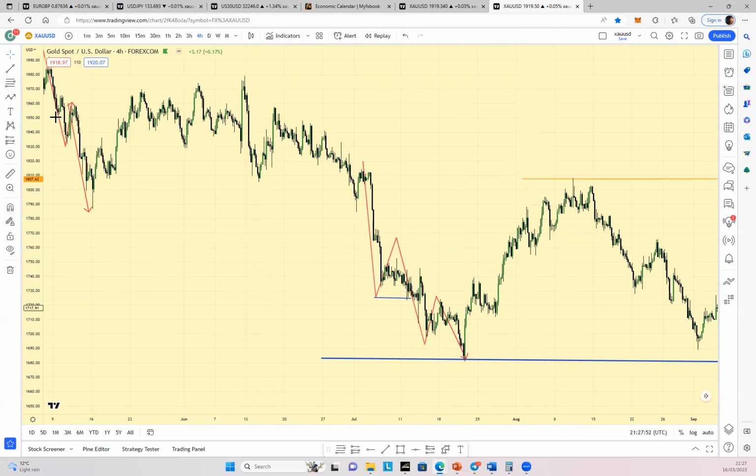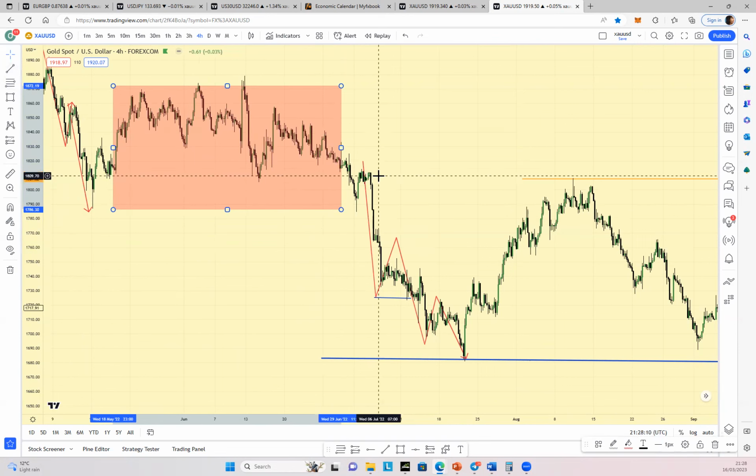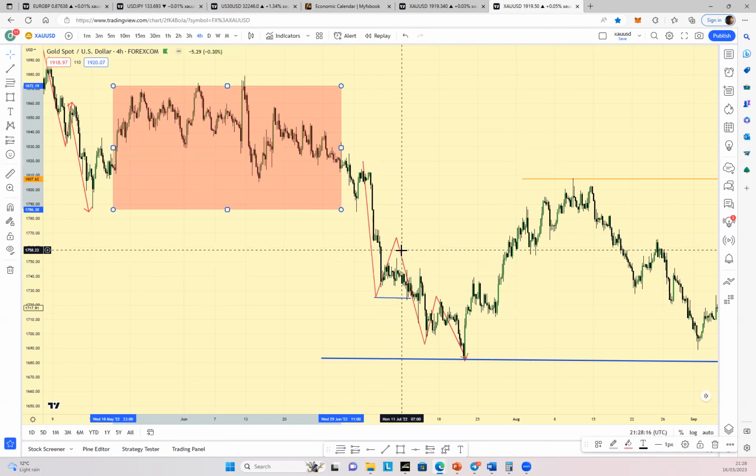But if you look at where price started, 1, 2, 3. This is your area of consolidation. And then price broke, gave us that impulse, went from here to here to here.